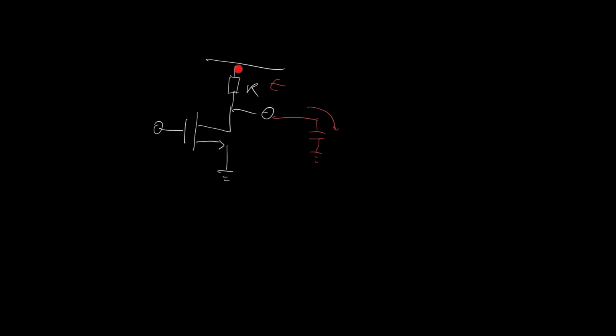In simple terms, a large resistor here limits the amount of current we can supply to the output, which limits the rate of change of subsequent logic gates. So when the input is a logic 0, we want R to be small. When the input is a logic 1, we want R to be large.